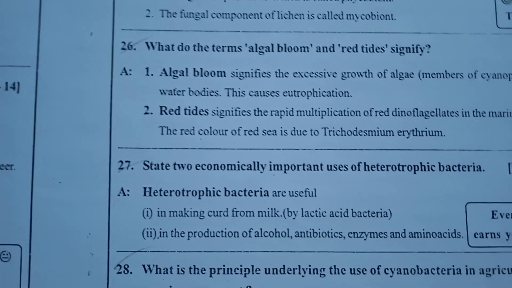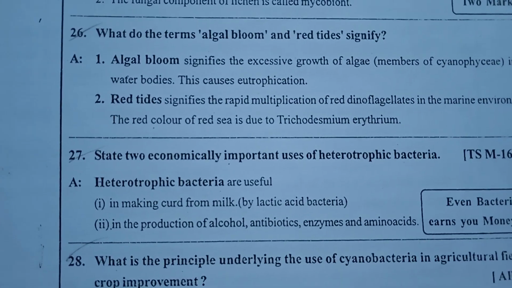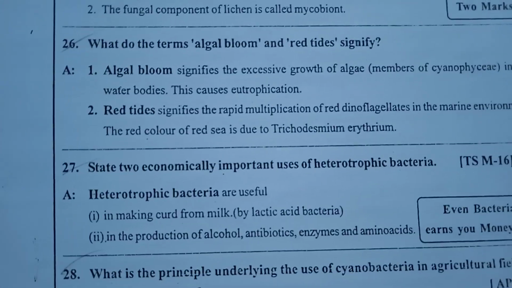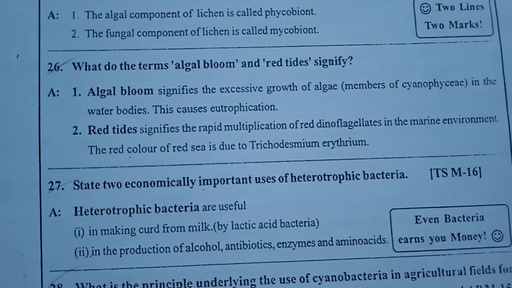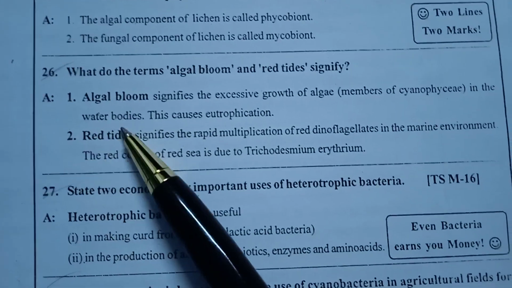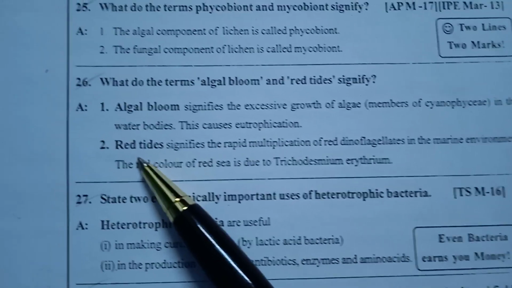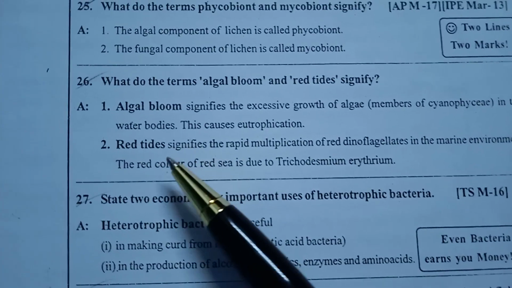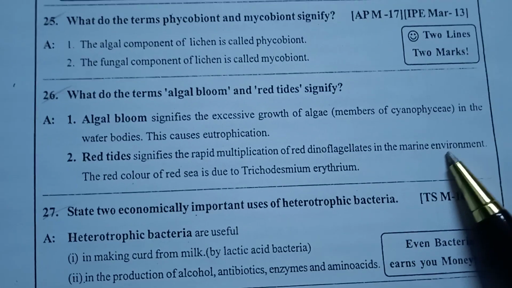In humans, it causes respiratory problems. In water bodies, the fishes will die. So red tide is very harmful and it is one type of algal bloom. Red tide signifies the multiplication of red dinoflagellates in the marine environment.